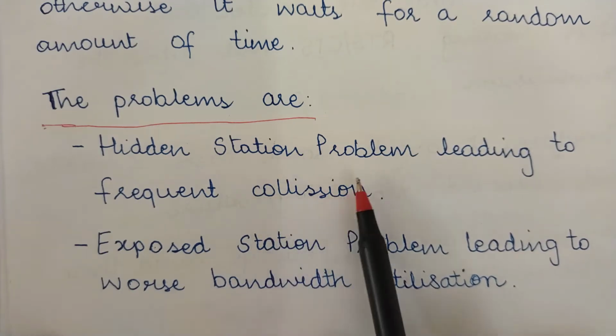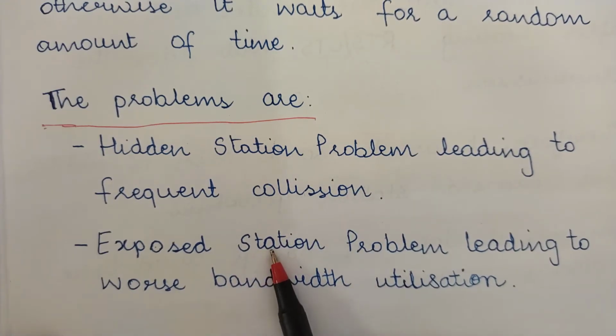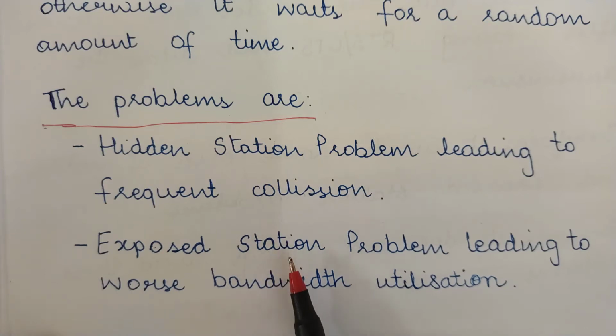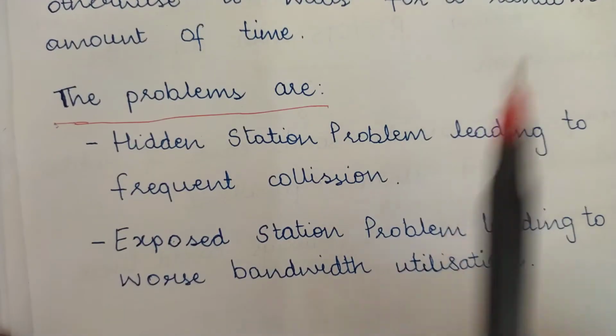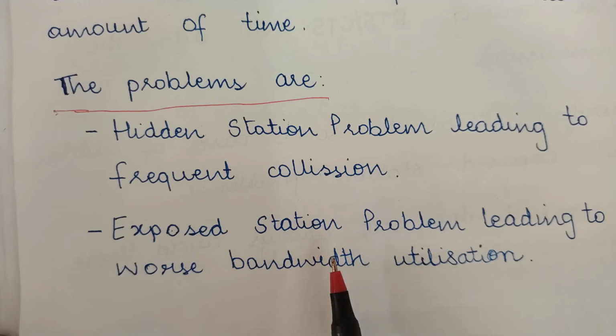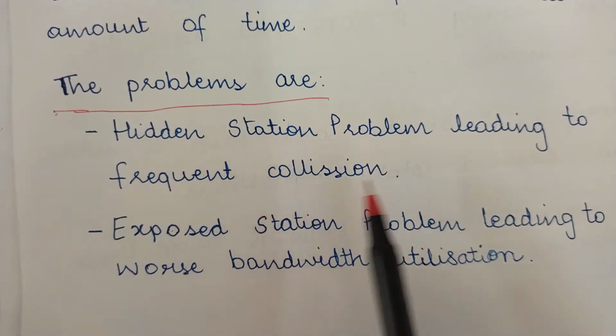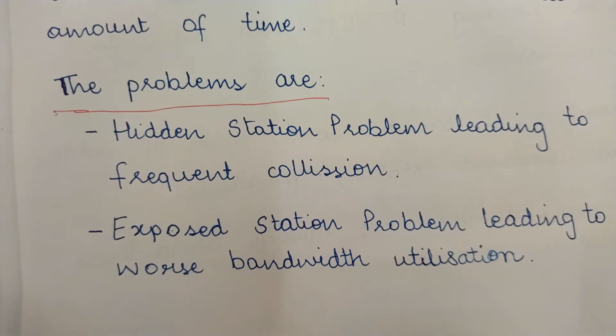We have also studied the hidden station and exposed station problems, so I will provide links to these two videos, one on the CSMA protocol and the other on the hidden and exposed station problems, in the description box of this video. So now you know that the CSMA protocol has these two basic problems: the hidden station problem, which leads to frequent collisions, and the exposed station problem, which leads to underutilization or worse bandwidth utilization.